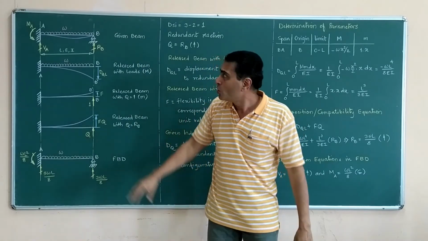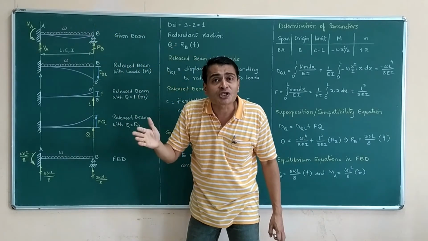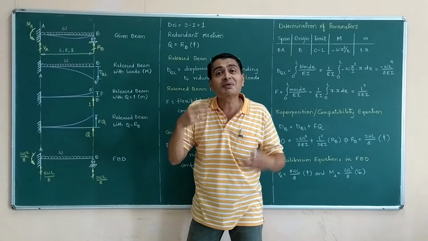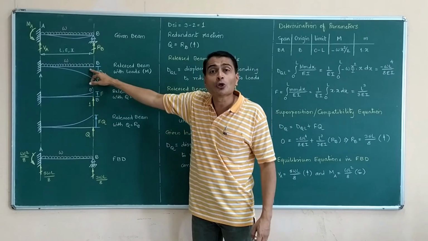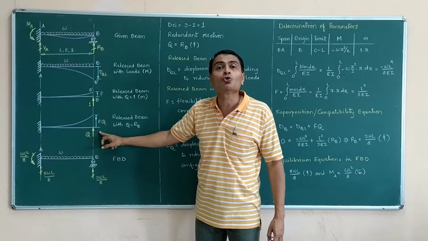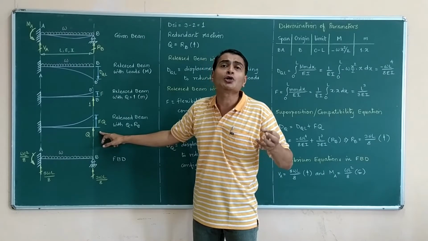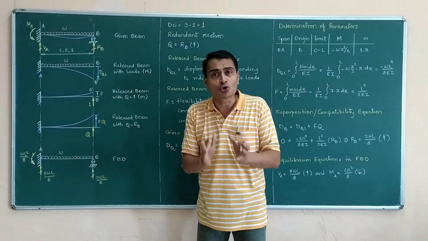So I repeat, this original indeterminate configuration I am assuming to be made up of two determinate configurations, one with the load and one with the unknown reaction RB or Q, because we are calling Q redundant. So that is going to be my approach.